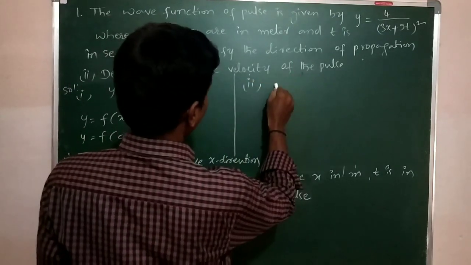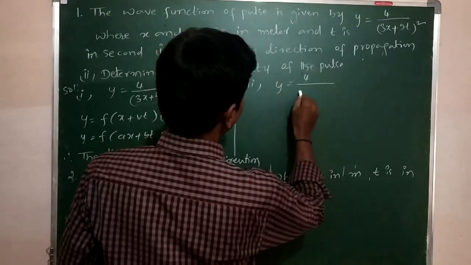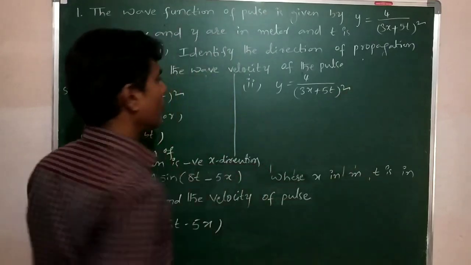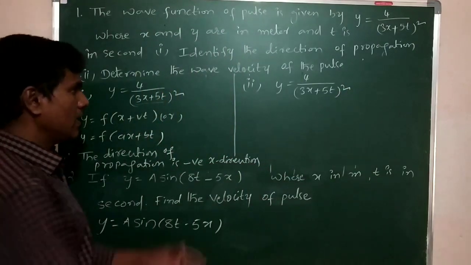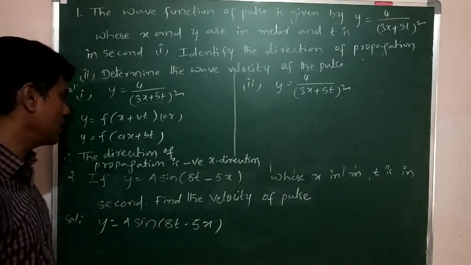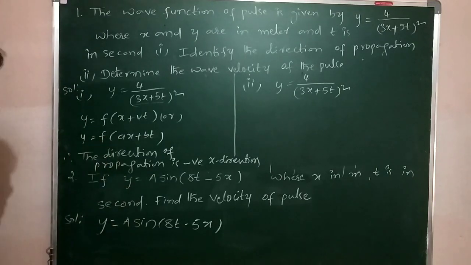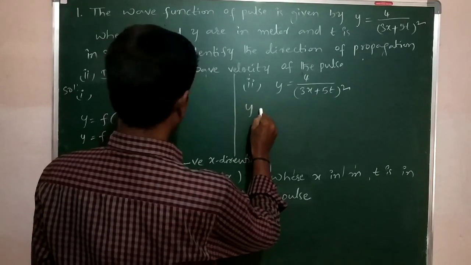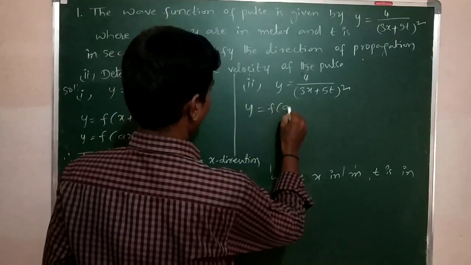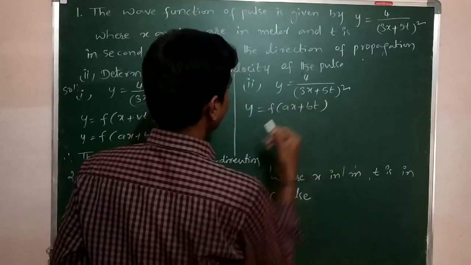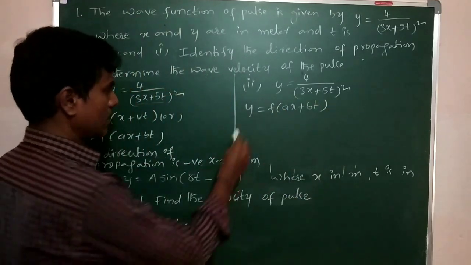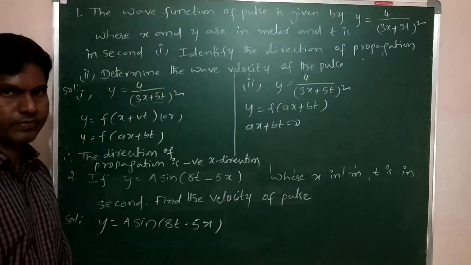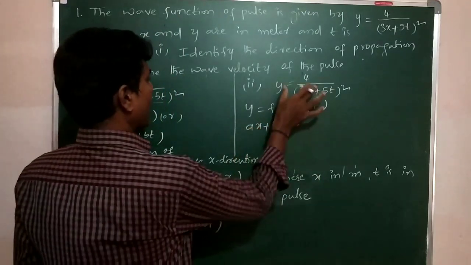Given equation is y equal to 4 by (3x plus 5t) whole square. Same as before, comparing with y equal to f of (ax plus bt), when it is constant, ax plus bt equals 0.